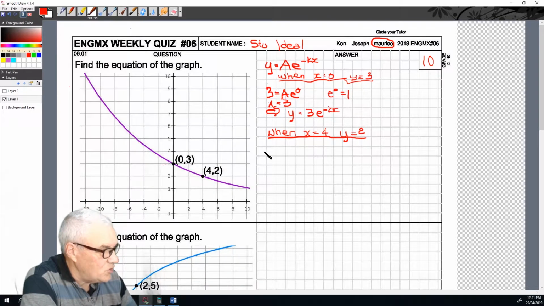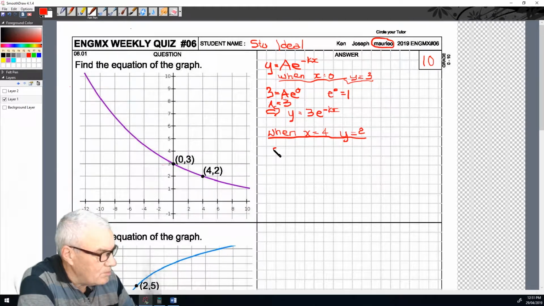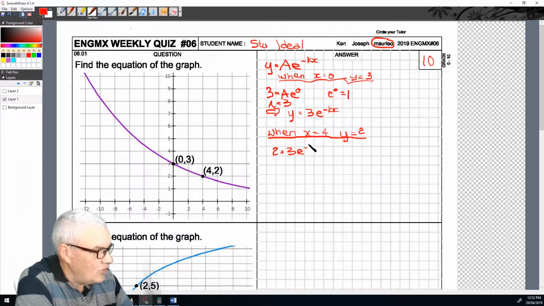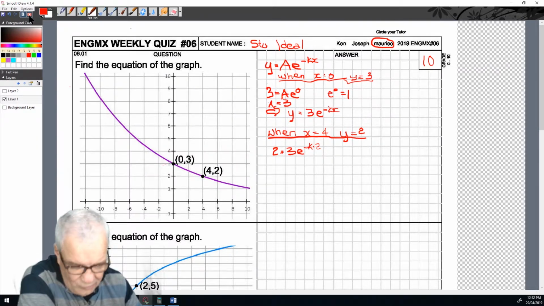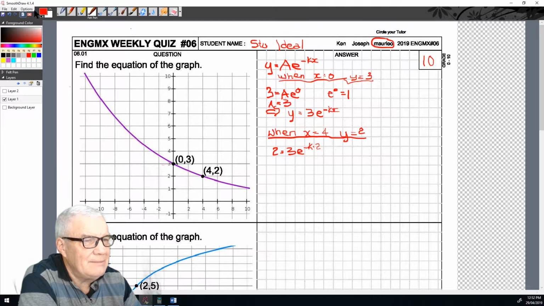So when y is 2, we get 2 equals 3 e to the negative k times, oh, not 2, it's 4, isn't it? Negative k times 4.